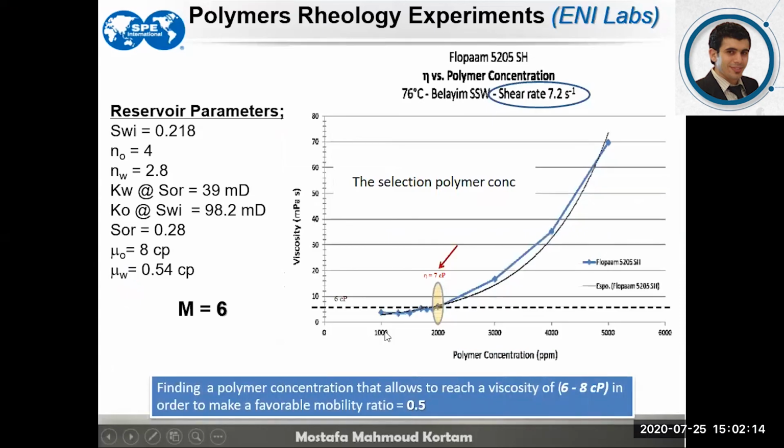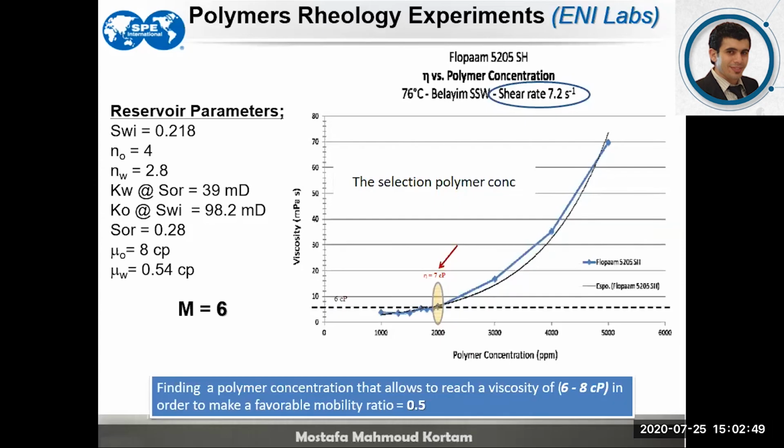Yes, we already explained and discussed that parameter, and I'm going to repeat it again. Some people would think, okay, let's choose 1 and maybe we achieve a good result, but that is on a theoretical basis, because you don't know whether the polymer solution and polymer slug will preserve its continuity and its effectiveness all through its progress in the reservoir.